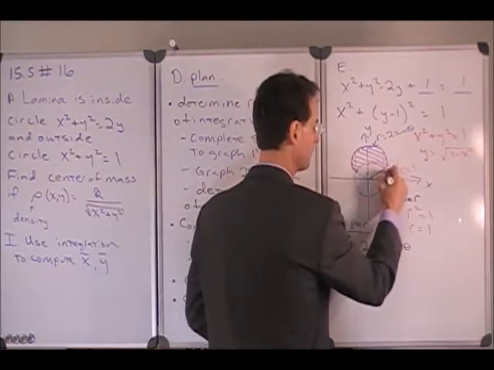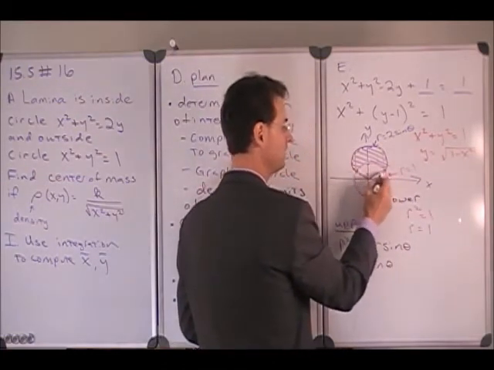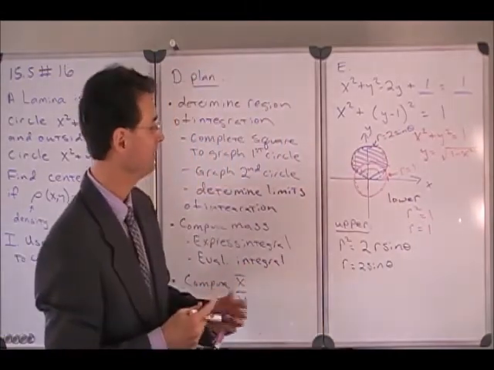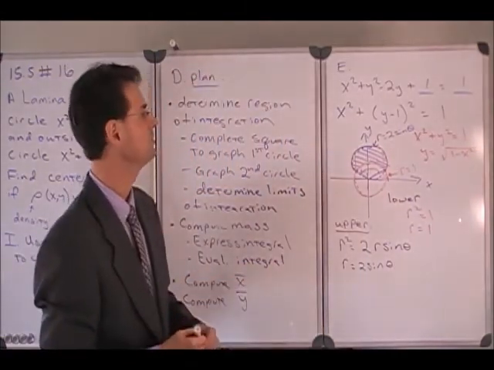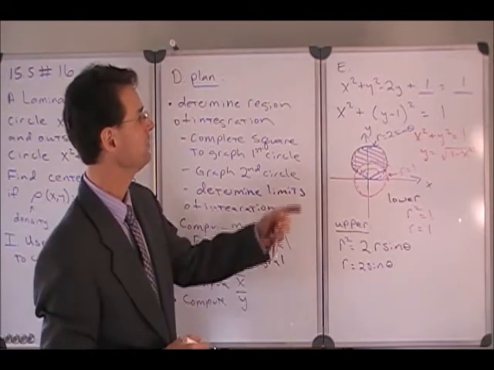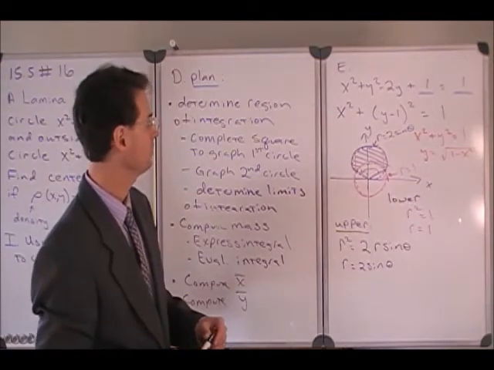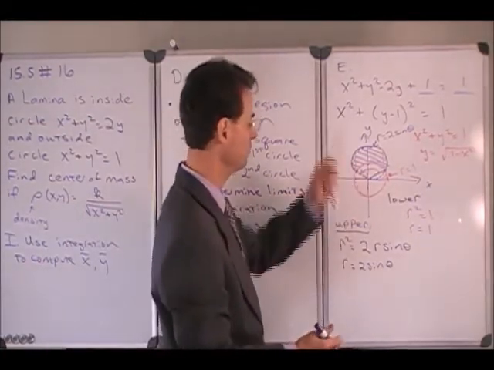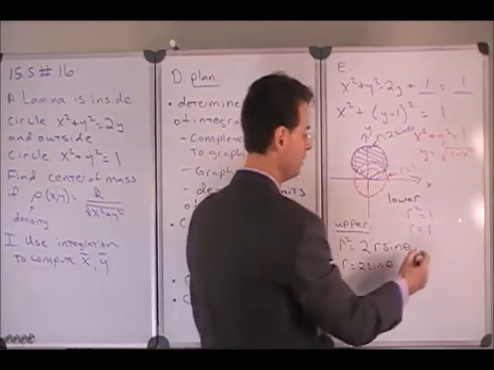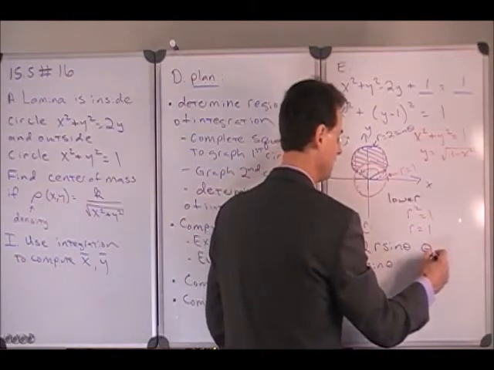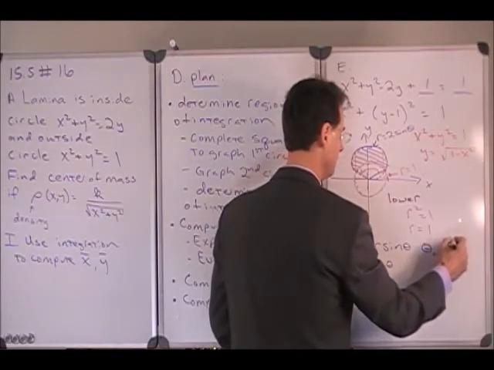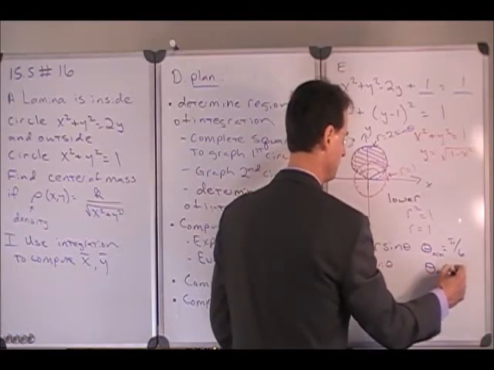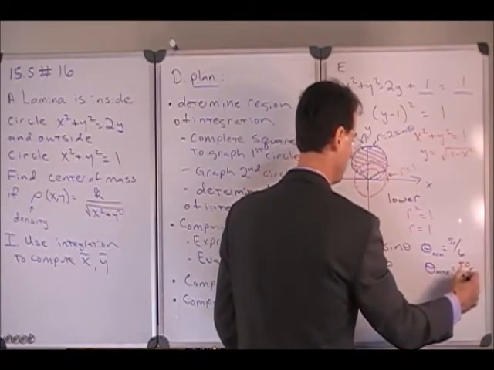Well, we're integrating from this angle to this angle through this region here, and it takes a few minutes to do, but if you set, for example, the equations equal to each other and solve for theta, you can determine pretty quickly that theta min is pi over 6 and theta max is 5 pi over 6.